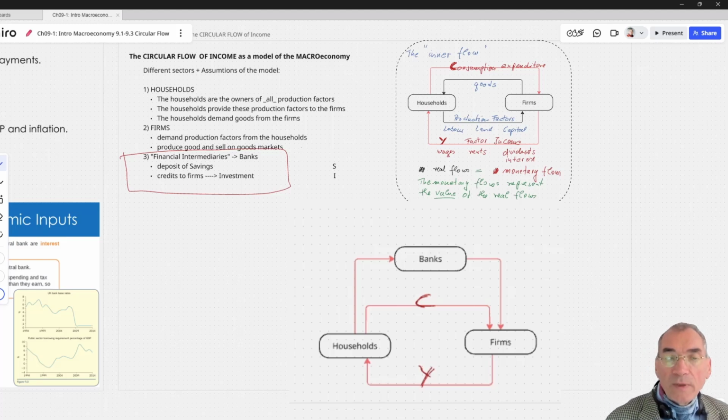With this, on the one hand, banks earn money as a company, but on the other hand, they are also able to provide income that does not directly come from purchases, that is not directly in the inner flow, to the firms, which makes it possible for the firms to invest, to be active in an economic way, to produce new goods and services. Without these financial intermediaries, if we do not spend everything, then the production cannot take place.